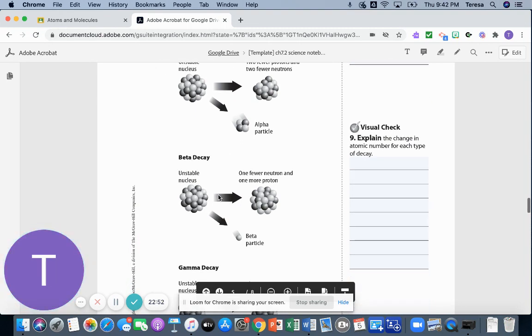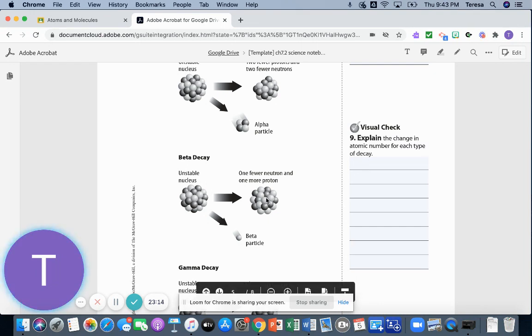In beta decay, we also have an unstable nucleus. When it splits, it releases what's called a beta particle. It releases a neutron, but it adds a proton.